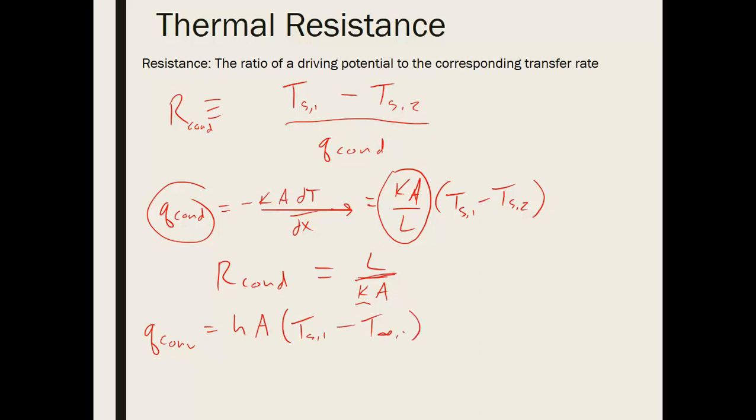And so again, we can just back solve and find out what the convective thermal resistance is. And it is 1 over h times A. So the bigger the area, or the larger the heat transfer coefficient, the more heat we're going to convect from the surface to the air, which means we're going to have a smaller convective thermal resistance.